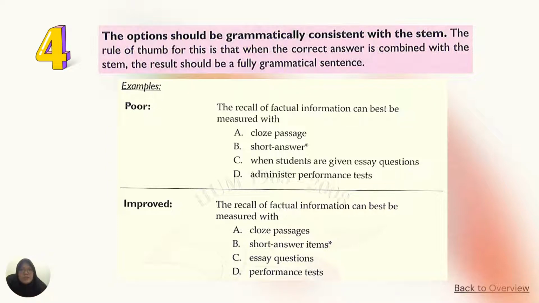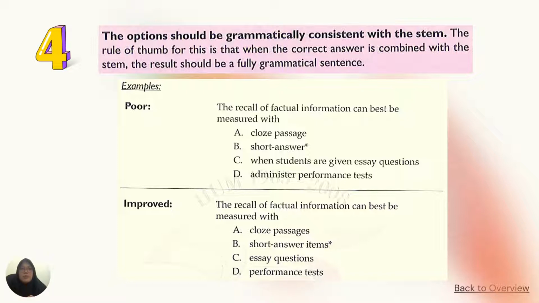If the options have errors in grammar, the question combined with the option will not be a fully grammatical sentence. That's why it should be consistent with the stem, so that it makes a complete sentence.